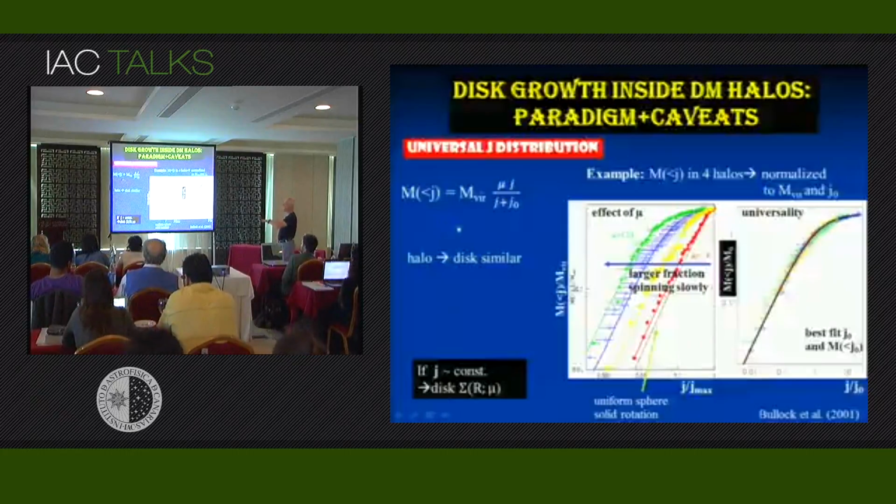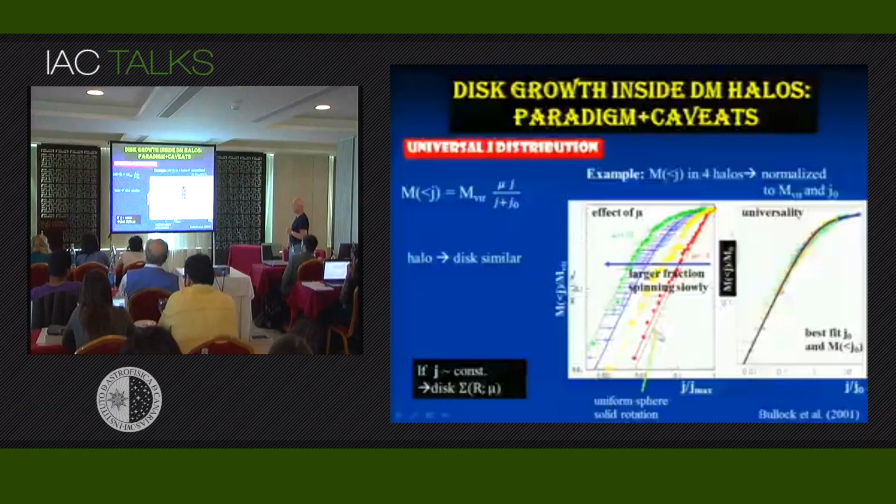So one can plot m as a function of j, for all the mass which has specific angular momentum less than some j, as a function of j over the maximal angular momentum in the object. And you get more or less similar distributions, and the difference here is only different mu.